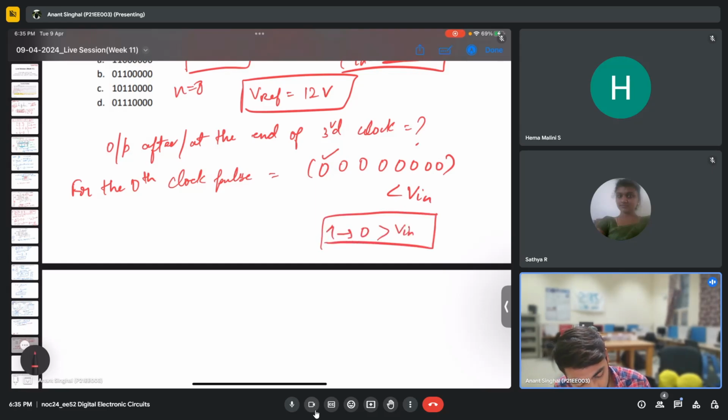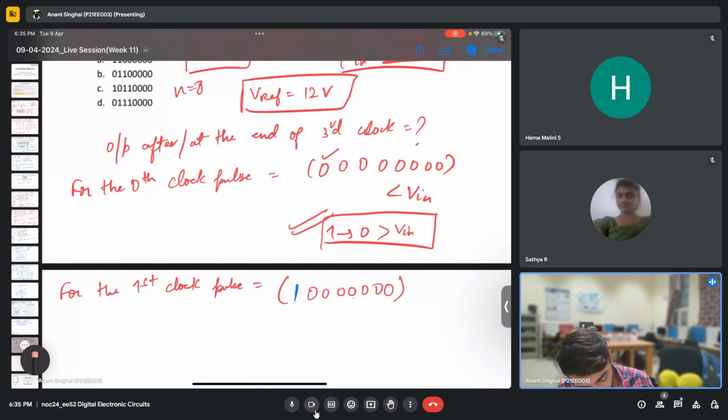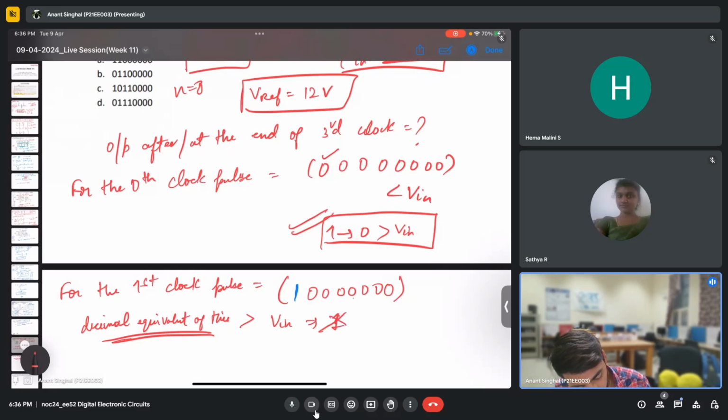So I'll let you know what this is, just be with me. For the first clock cycle, what happens is the first bit becomes 1, and the rest of the bits become 0. If the decimal equivalent of this is greater than that of V in, then this 1 is discarded and it changes to 0.